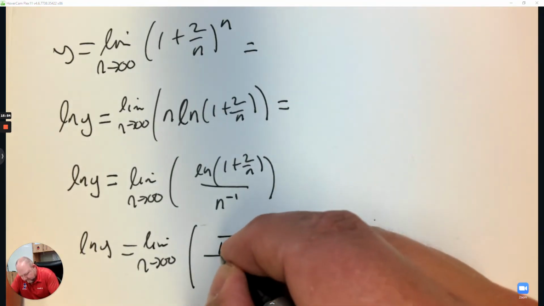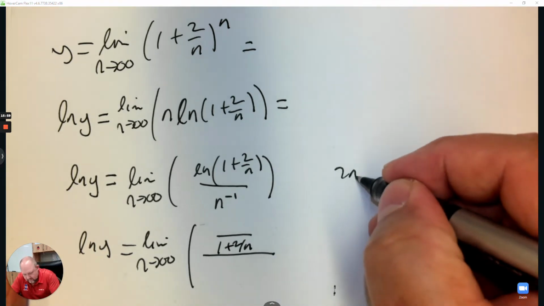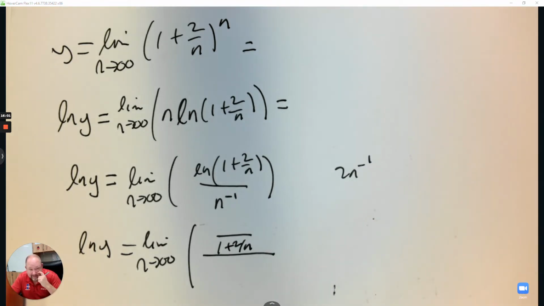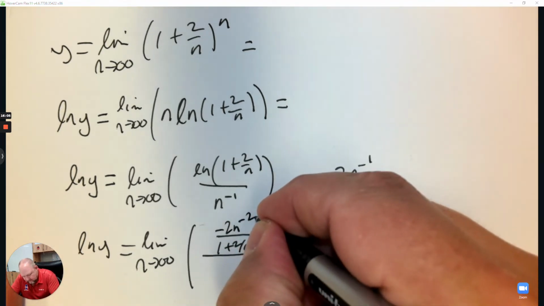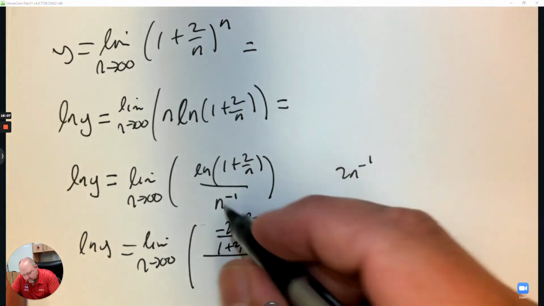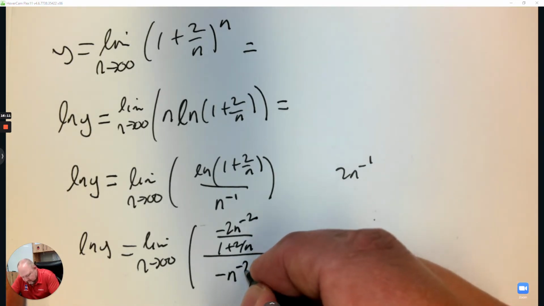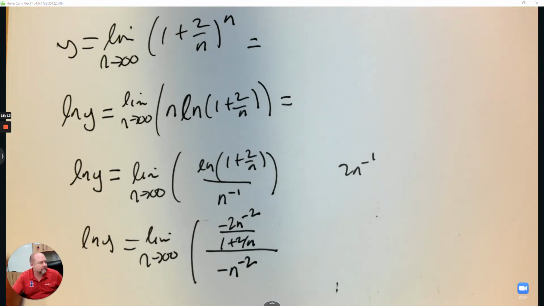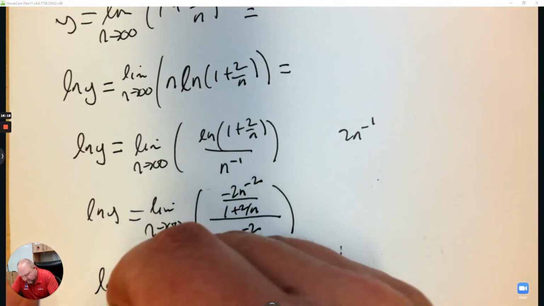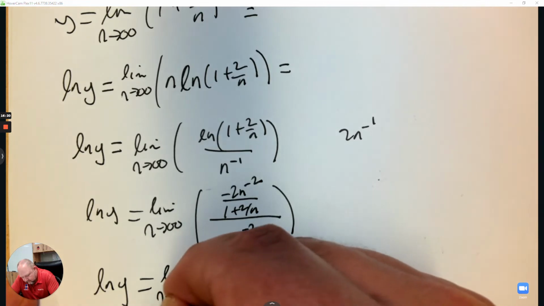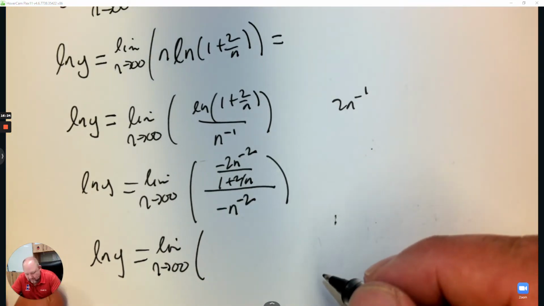So what I see, the derivative of what I see, write it like this if you need to on the side. And so that's going to be negative 2 over n squared, this is going to be negative n, negative 2. You're going to have to clean this up algebraically.